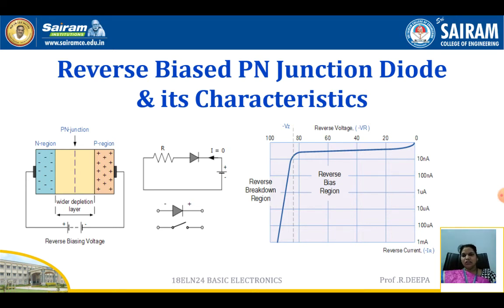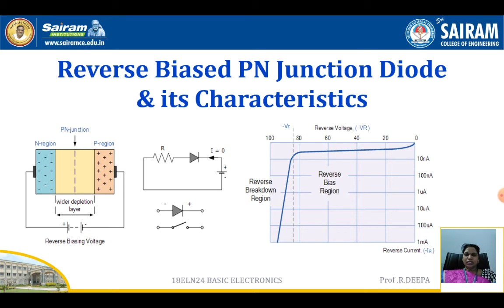Thereby, again, you can see there is a wider depletion region formed across the PN junction. As there is a wider depletion region, there will not be any flow of charge carriers across the PN junction. Why? Because the majority charge carriers will be attracted towards the battery, and if there is any current, it will be because of the minority charge carriers from the N region and P region, which will be trying to cross the PN junction.